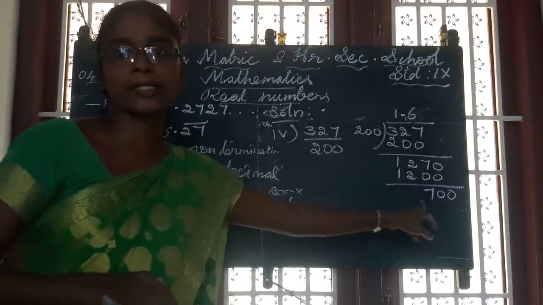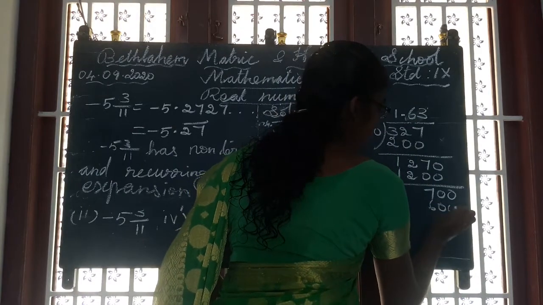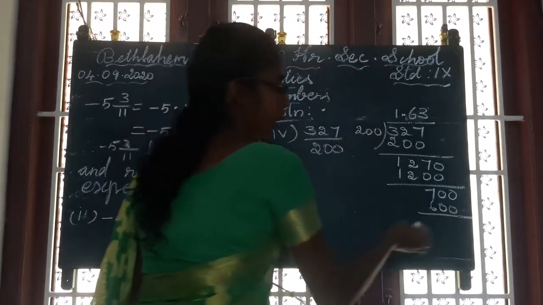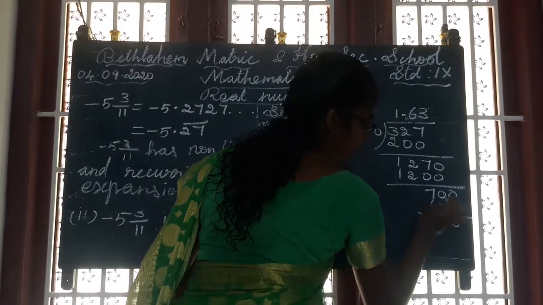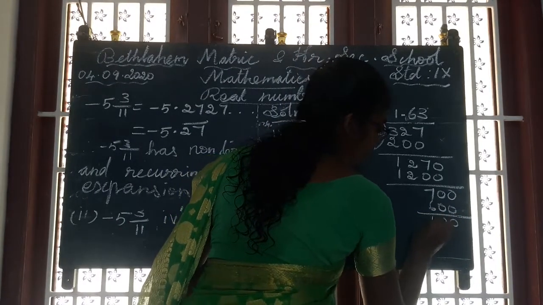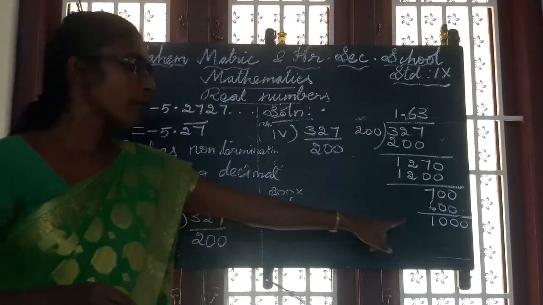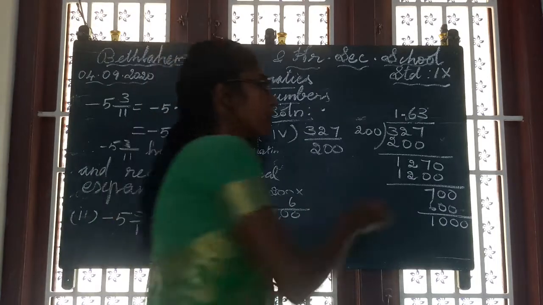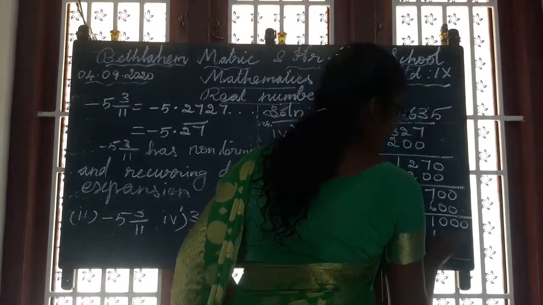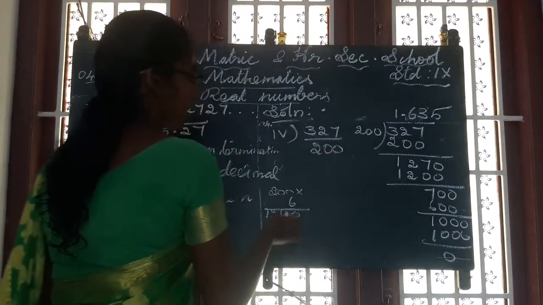So how many times? 3 times 600 will be got. Subtract it, 0, 0, 7 minus 6 is 1. Next one more 0 included. So how many times? 5 times 1000. 0 is the remainder.